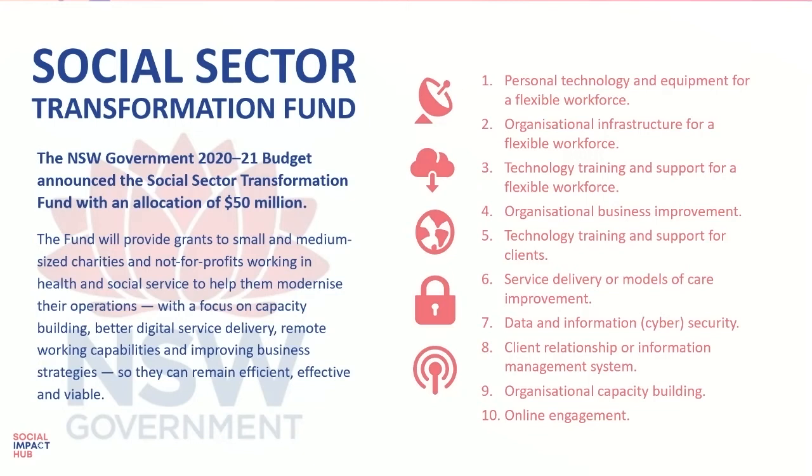The whole purpose or intent of that grant was to support organizations in the transition of their digital capability. Because of COVID, they were kind of left out in the cold, at a time when the demand on their services was actually increasing. So that was recognition by the state government to really help organizations lift their game.